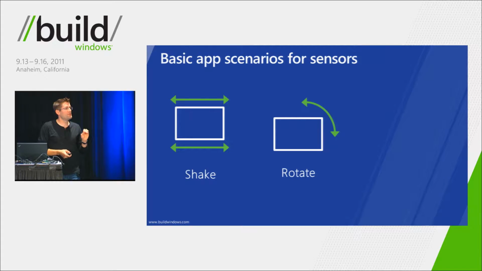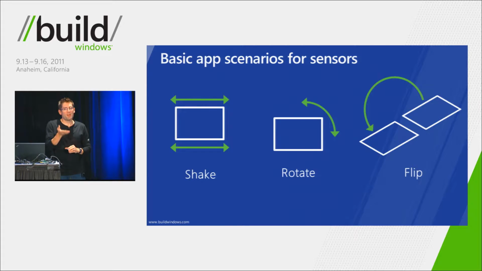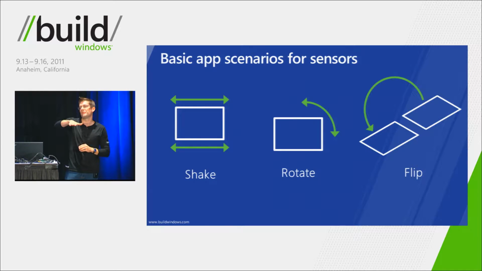There's another thing that we can do with simple device orientation, and that's supporting the flip interaction. So the simple device orientation sensor also includes the face up and face down orientations of the device.